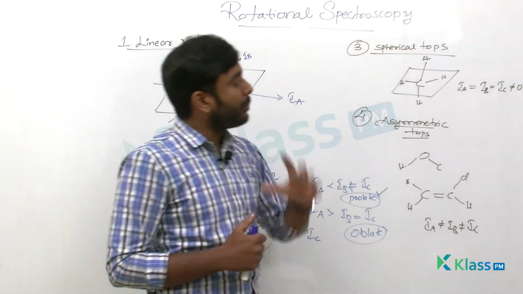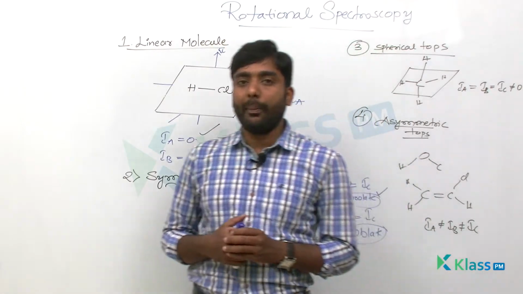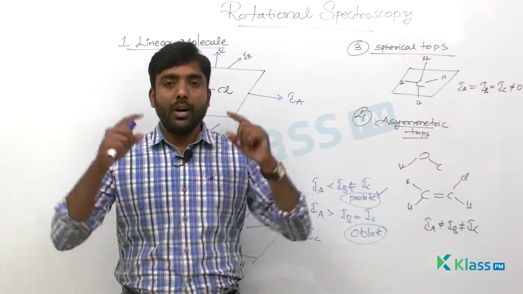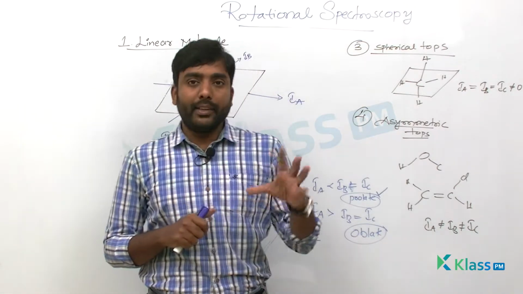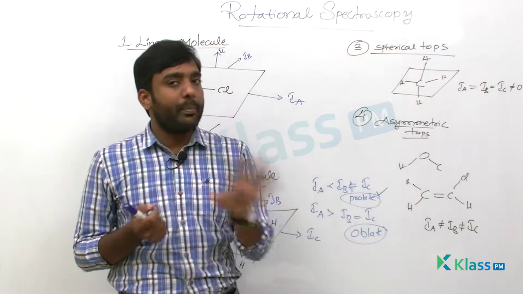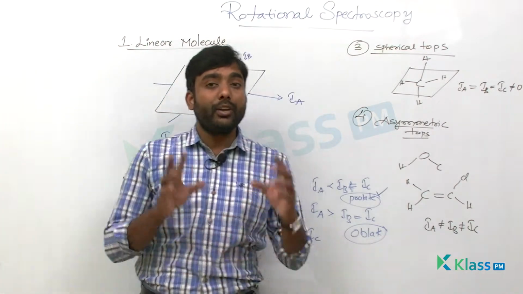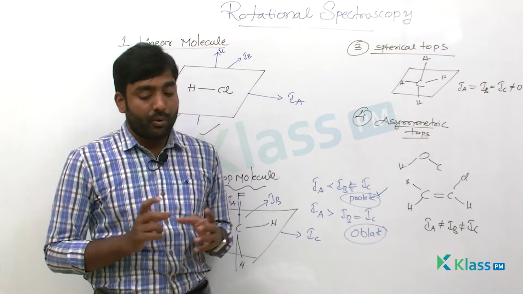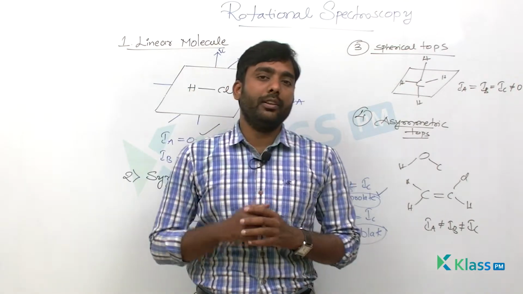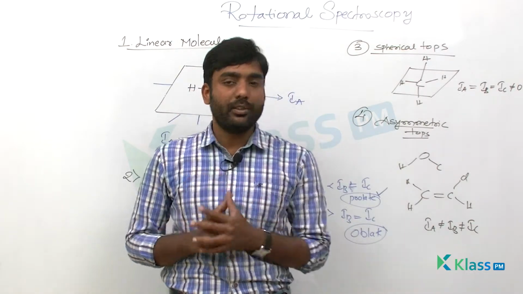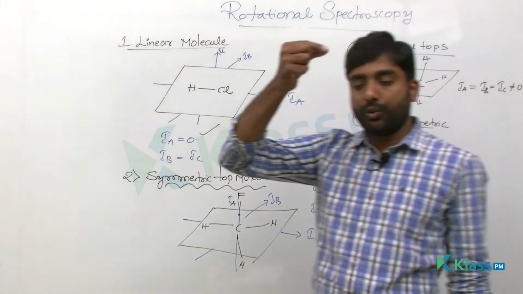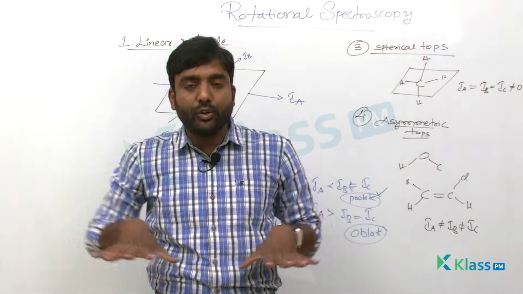And the third type is spherical tops. In the spherical top, what happens? In the previous example, in the place of fluorine, imagine hydrogen also. Now all four are hydrogen, CH4. In this case, whether you rotate through IA, IB or IC, they will not be equal to 0. So at the top hydrogen, below carbon, and the three hydrogens in the plane.